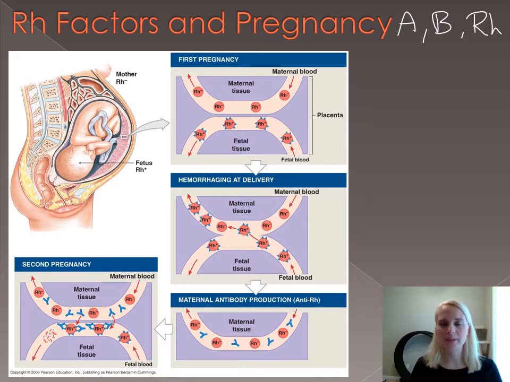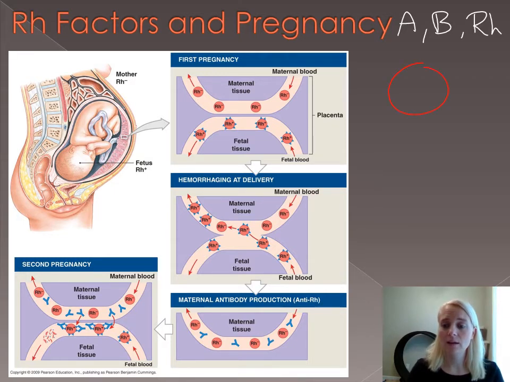A and B are co-dominant to each other, but dominant over the O genotype. So you could have A positive, A negative, B positive, B negative, AB positive, AB negative, and O positive and O negative. You have a positive and negative option for each of the four blood types we just took a look at.